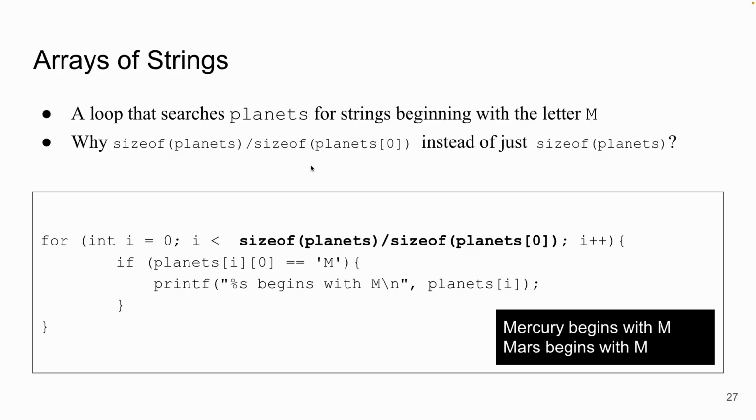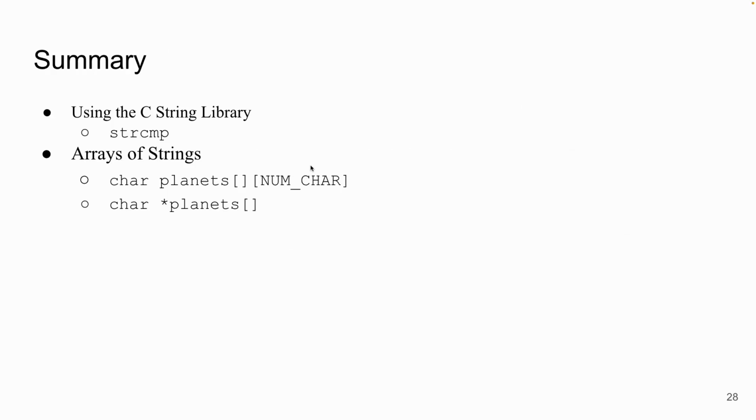I just know the size of the entire array, but I don't know how many elements it has. So I divide this number by the size of each element. By doing this, I can know how many elements I have in planet, so how many names we have in this planet array.